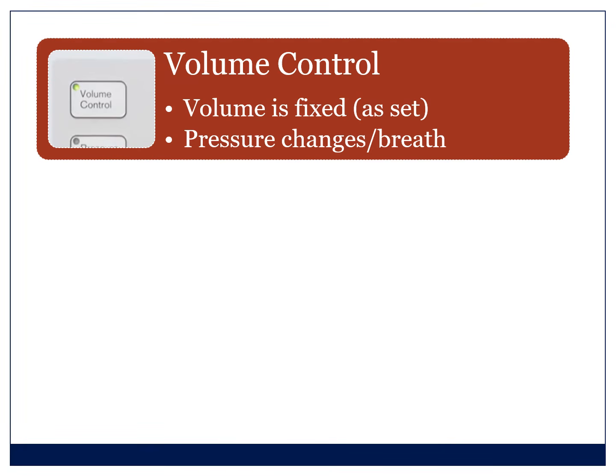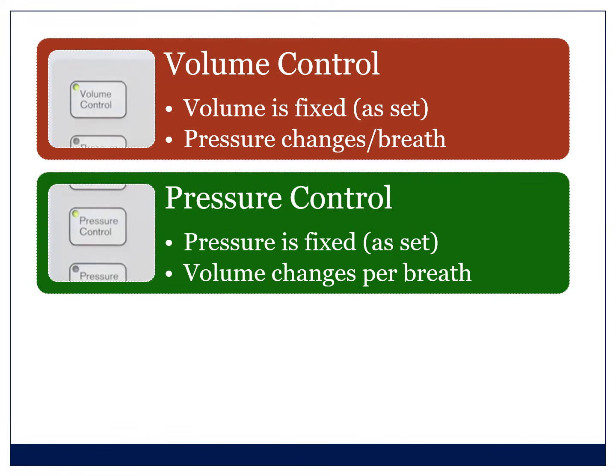So I decide to give my adult patient something like 400 or 450 mils, and each breath will give exactly the volume that I have asked it to give. But the pressure that it generates may change as lung compliance changes, or someone puts their hand on the chest, or there's a pneumothorax. The pressure will change, but the volume that you deliver will be fixed.